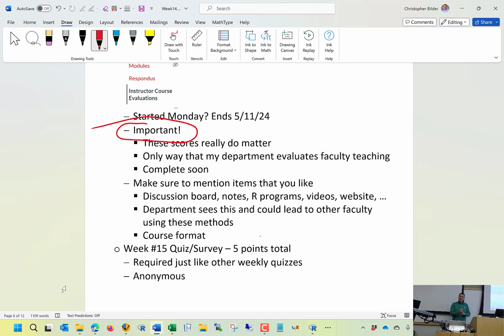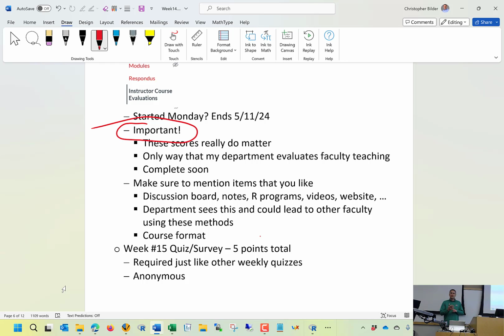I am the chair of the Promotion and Tenure Committee for my department. And so we are the ones that provide an evaluation of our faculty every year regarding how they're doing. Especially when a person goes up for promotion, we actually have access to every single student evaluation that they received.